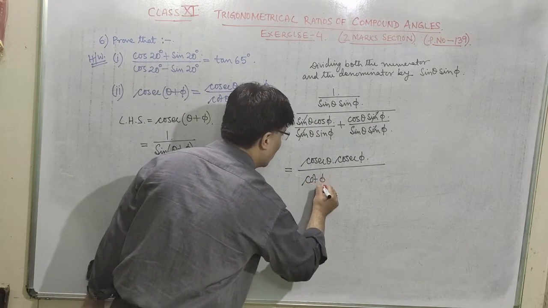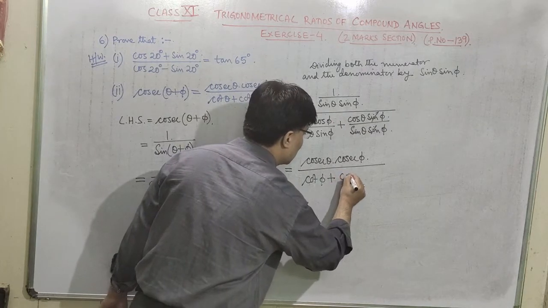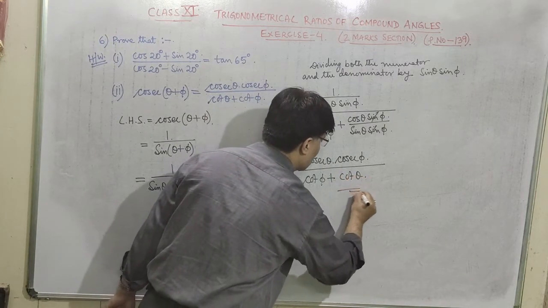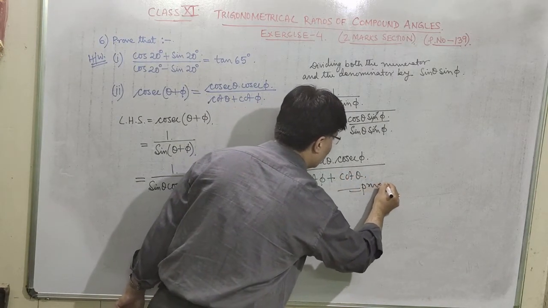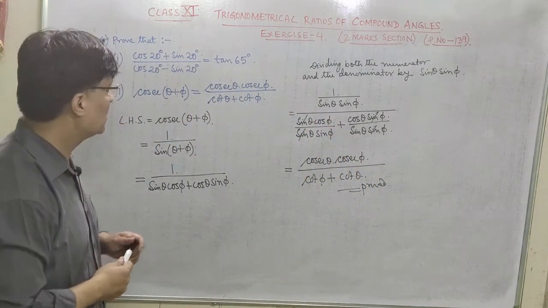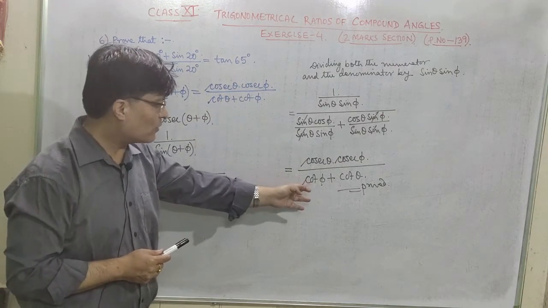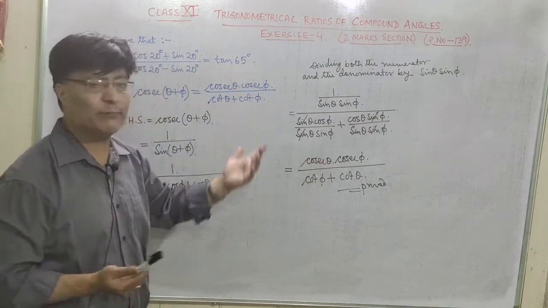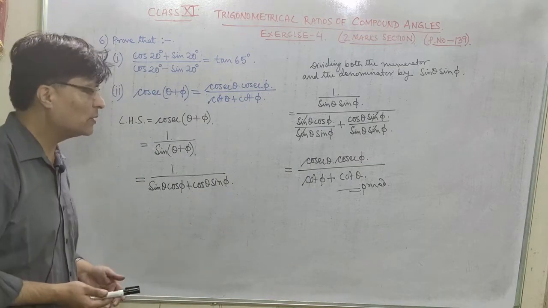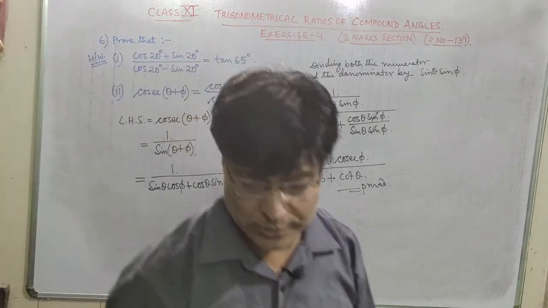It is cot phi, plus what is cos theta by sin theta? It is cot theta. So it is proved. So I think you have understood it. So we have proved the result, that is cosec theta cosec phi divided by cot theta plus cot phi, and cot phi plus cot theta is same as cot theta plus cot phi. So it is proved. Is that clear? So now we can copy it. Now we'll do the next question.